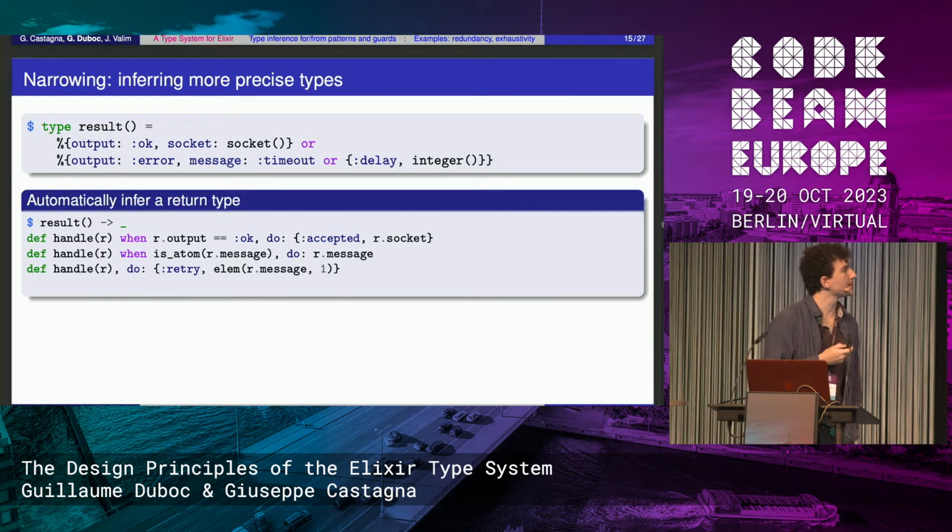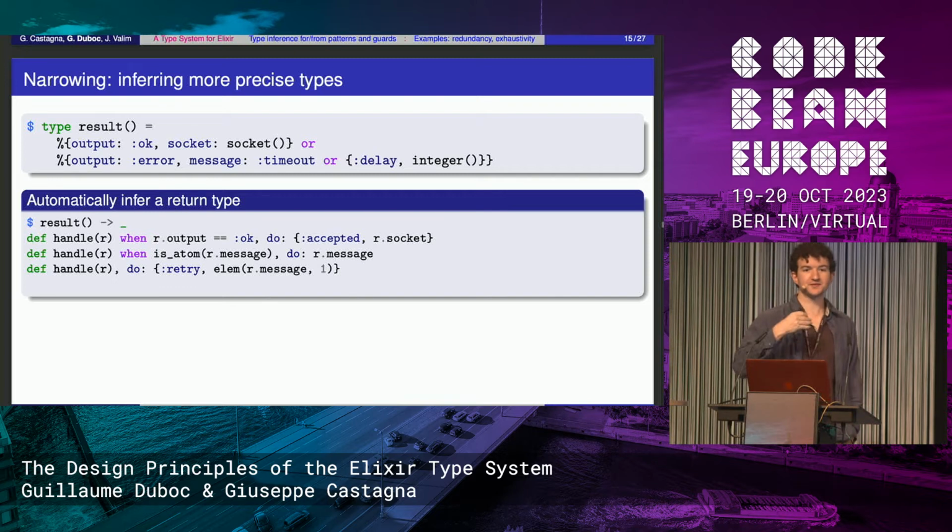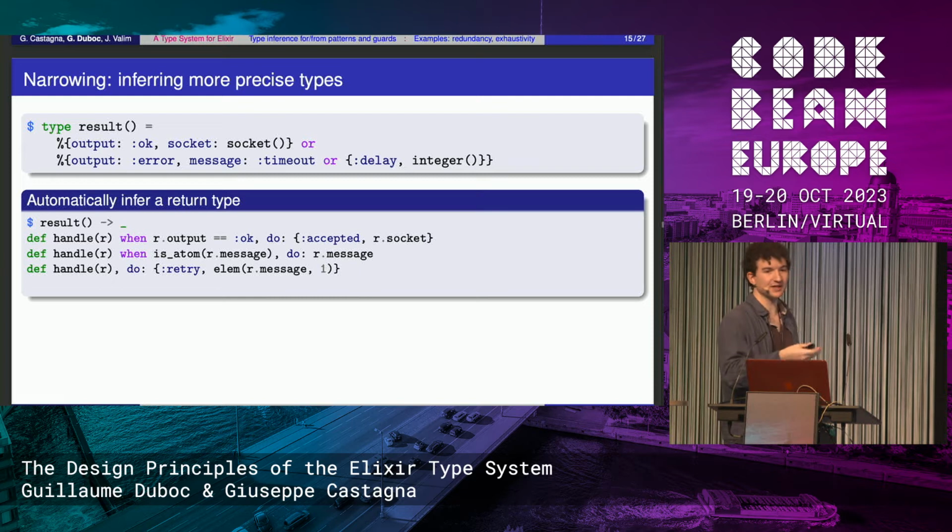In this function, the first clause is going to match on error output being OK. So at this point, we are going to narrow the types of the variables. Because they have succeeded some pattern matching operation, we now know that error socket at this point of the branch is something of type socket.